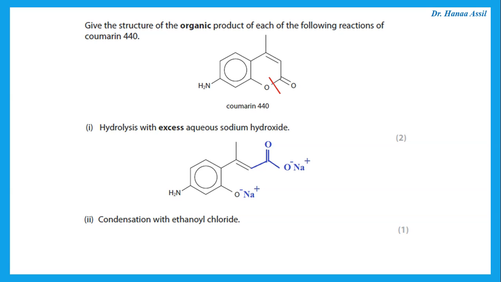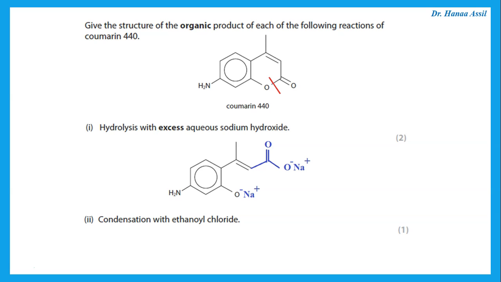Remember, hydrolysis of esters would give the acid part, which is the C double bond O O, and the alcohol part. But in the presence of sodium hydroxide, it is the sodium salt.